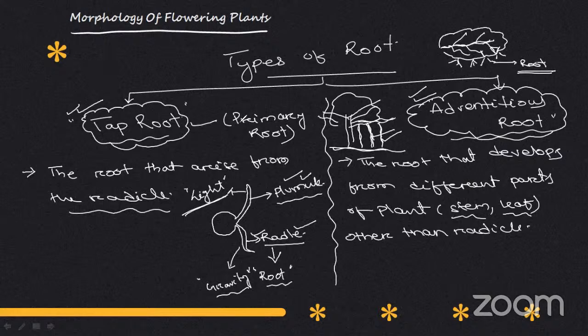Okay, so let's see the function of the taproot. What is the function of the taproot? It mainly helps in the anchorage and absorption of water.